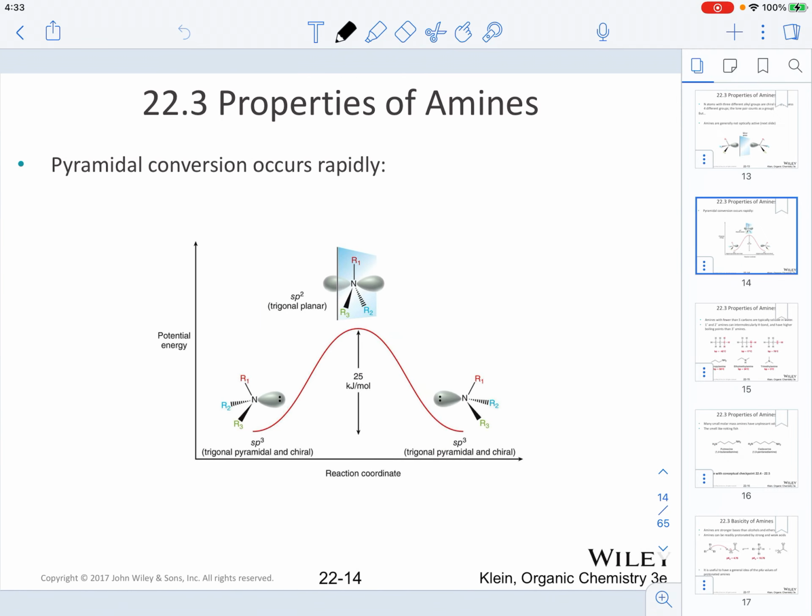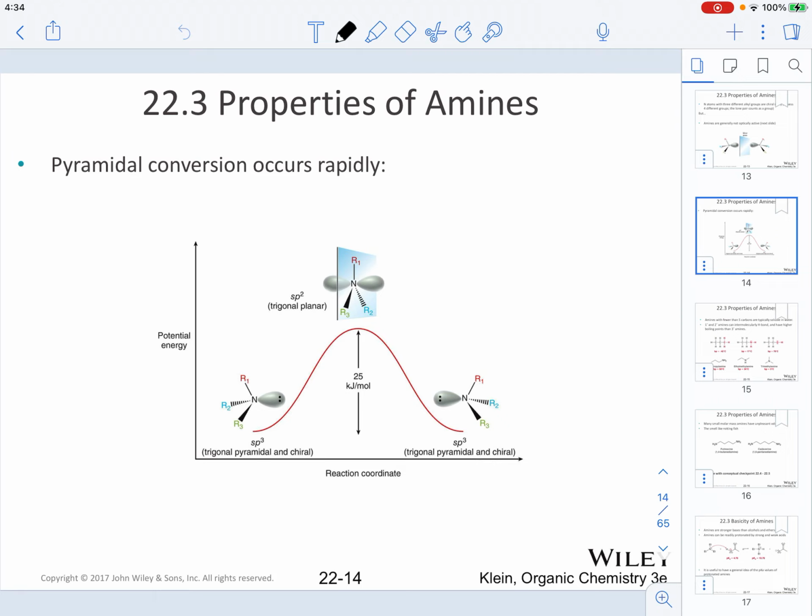Now, understand that the reason these amines may at some instance have some sp2 character is that the nitrogen undergoes a pyramidal inversion that occurs very rapidly. As you can see here from the energy diagram in the following slide, we have the 2 different mirror images that are present for amine molecules.